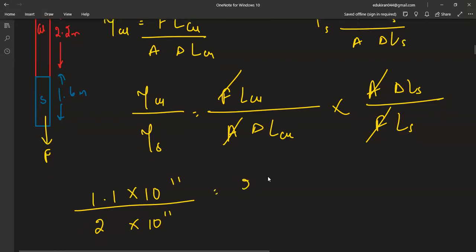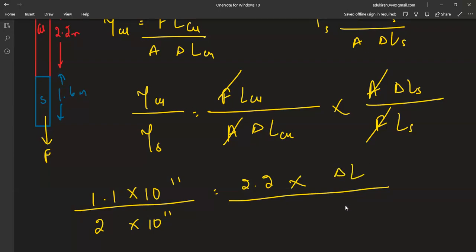Length of copper is given as 2.2, into delta L of copper. And L_S is 1.6, into delta L of steel. Change in length of steel and change in length of copper are both there.